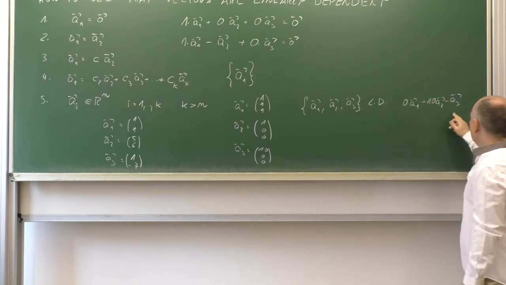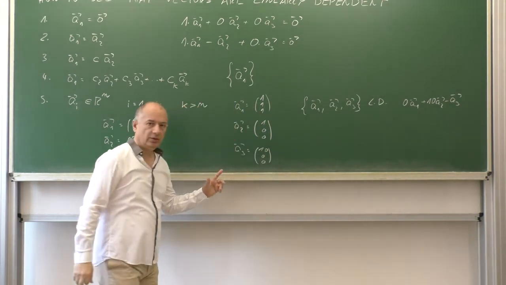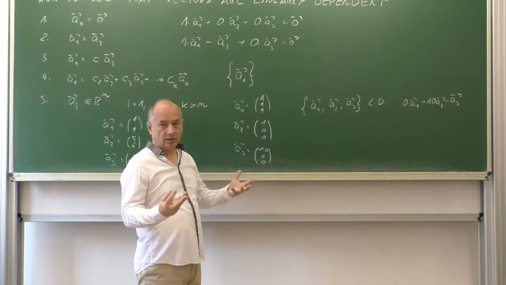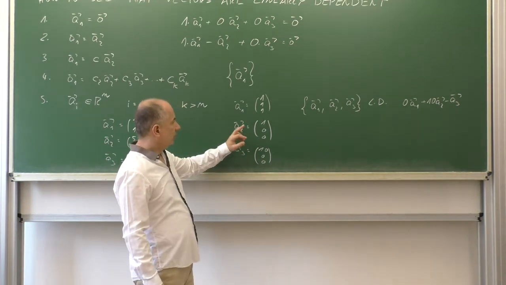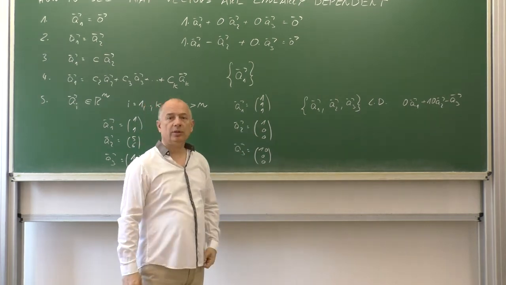This is a non-trivial linear combination because not all the coefficients are equal to 0. And it is equal to 0 as a result, because 10 times this minus this is 0 and the first one is multiplied by 0.